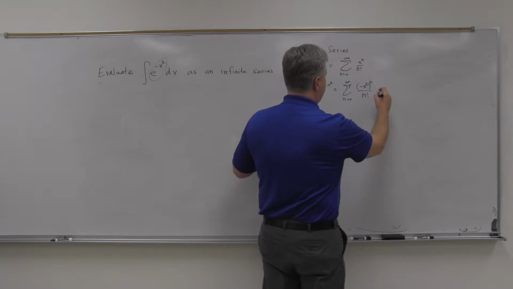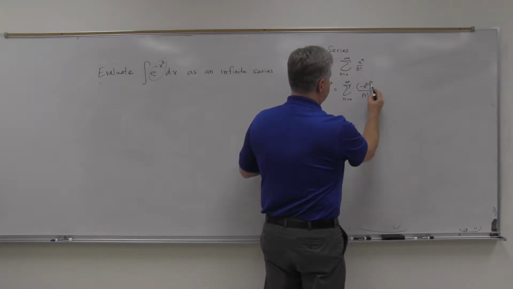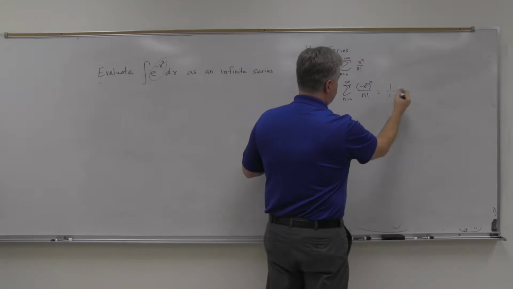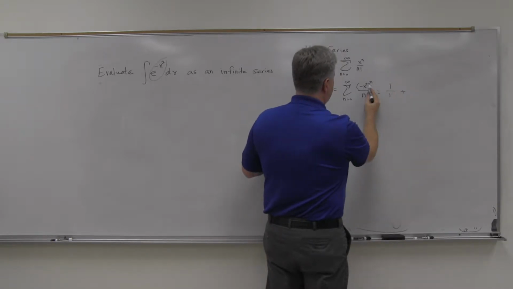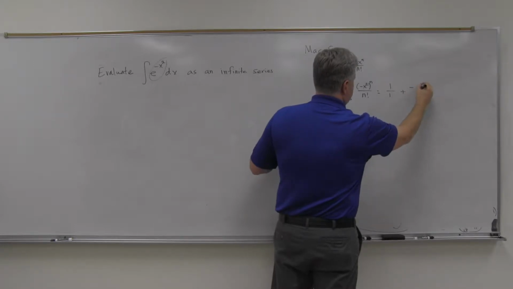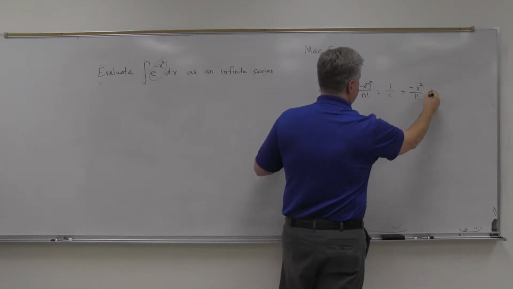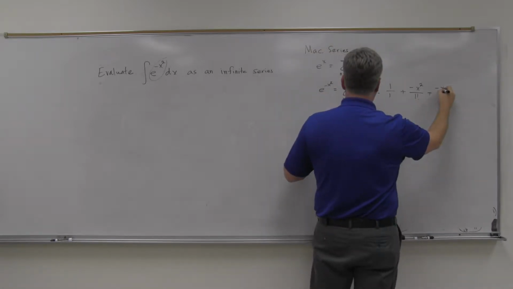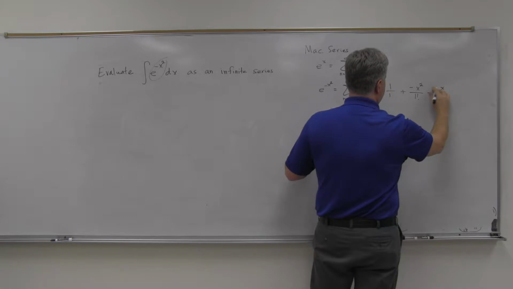And let's go ahead and write out a few terms. So if I did n equals 0, I'll have 1 over 1, so that's just 1. N equals 1, I would have negative x to the 2 over 1 factorial, and then n equals 2, I'd have positive x to the 4th over 2 factorial.